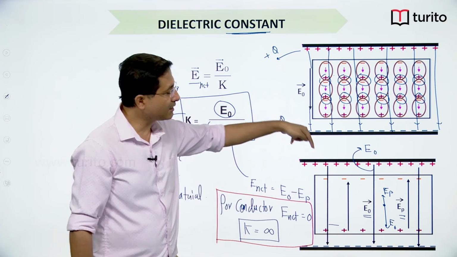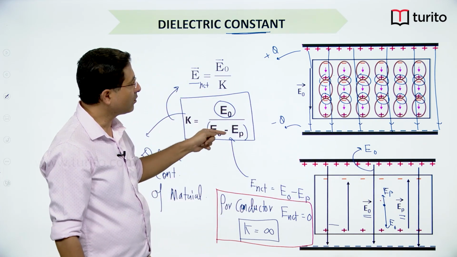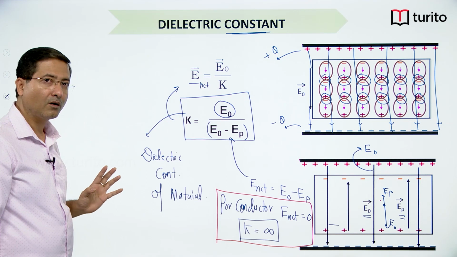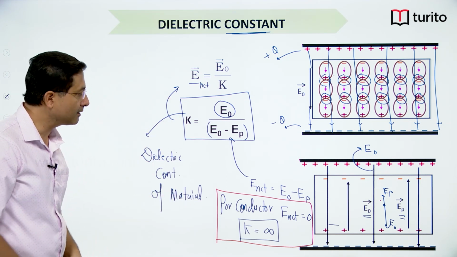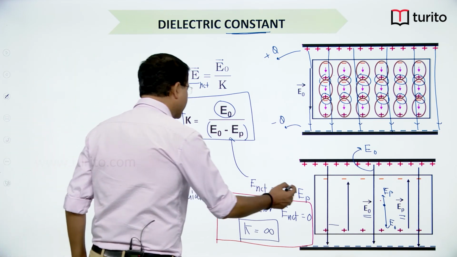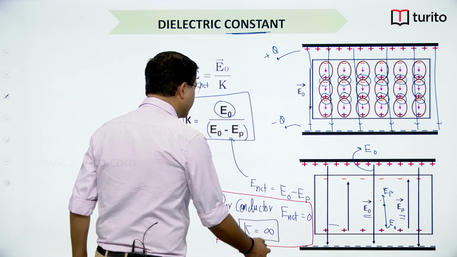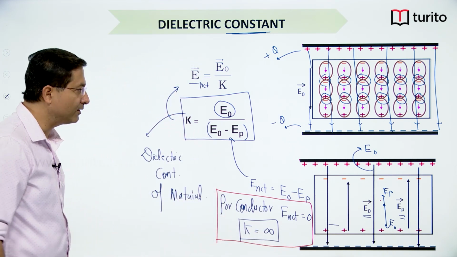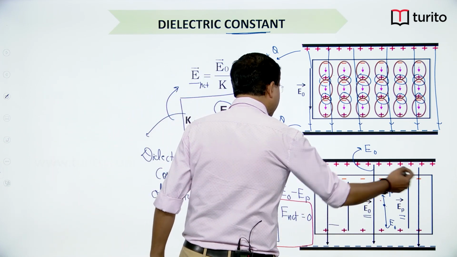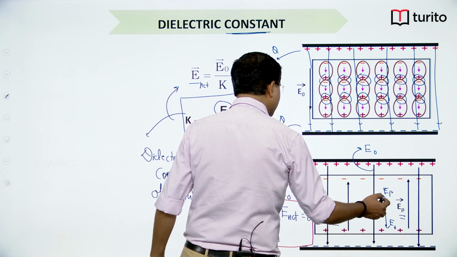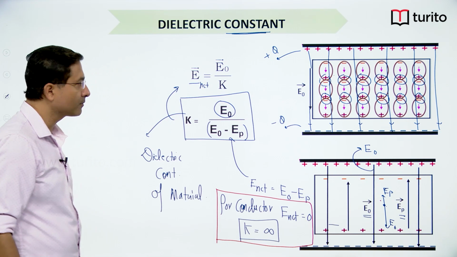The ratio of this external field and what we are getting inside is called the dielectric constant of the medium, right. So, I hope this definition is clear, and it is also clear why for a conductor we have got dielectric constant infinity, because there is no net field. When there is no net field inside the conductor, as this value is 0, this K will be infinity, right.